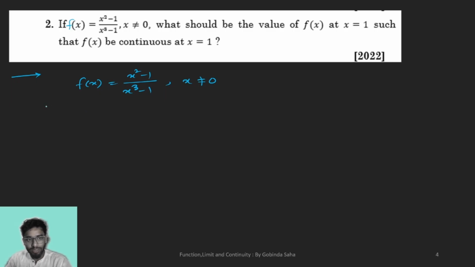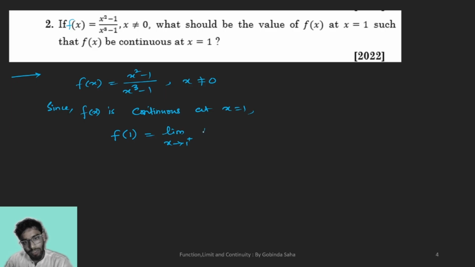That means, given that, or we can write, since f(x) is continuous at x equals 1, so what we have observed till now, that means the function f of 1 is the same as the limit x tends to 1 plus f(x), limit x tends to 1 minus f(x).